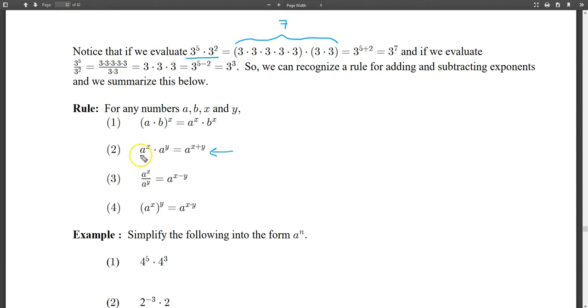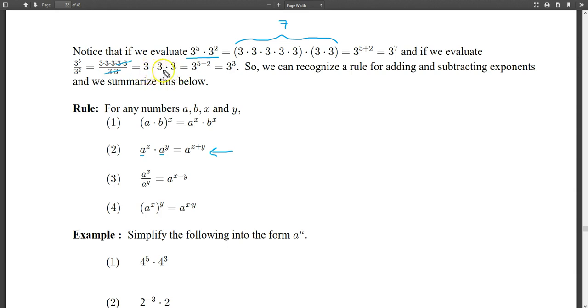Now that's only true when the base is the same. Notice we have two a's there. Also take note of this. If you look at 3 to the 5th divided by 3 squared, you're going to have 5 3's divided by 2 3's that are being multiplied. So 2 of these 3's will cancel with 2 of them up here, and you're left with a total of 3 3's.